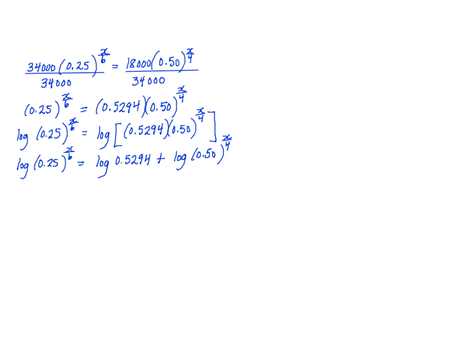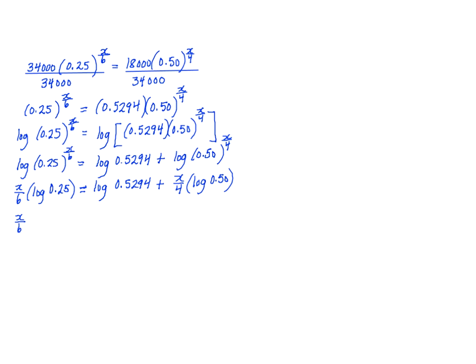And now we will use our power law and move these exponents. X over 6 will be multiplied by the log of decimal 25, and that will equal the log of decimal 5294 plus x over 4 multiplied by the log of decimal 50. We can use our calculators to evaluate these logarithms.